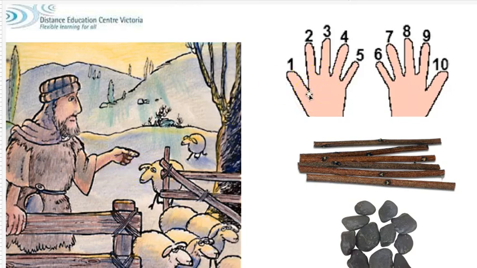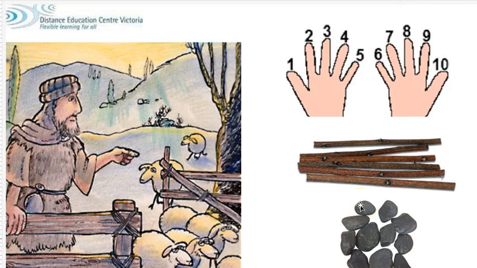When the farms grew bigger, the fingers sometimes ran out, so the shepherd might have picked up a stick or something to show that he'd already counted the sheep through. When there were 10 sticks, they might have picked up a stone.